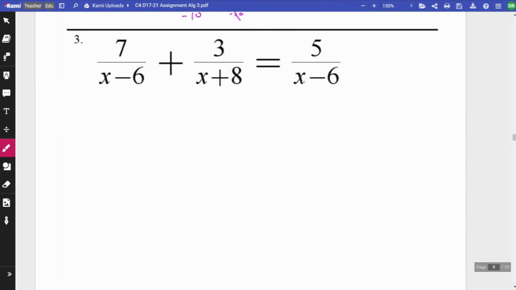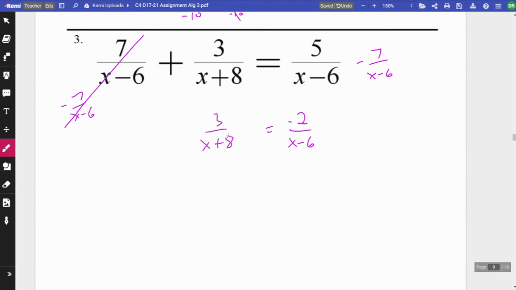If I were to get them to the same side, that would just be fraction subtraction, because they have the same denominator, and I could combine them. So if I subtract 7 over x minus 6 from both sides, then they have a common denominator. I could subtract this. I would just get negative 2 over x minus 6.